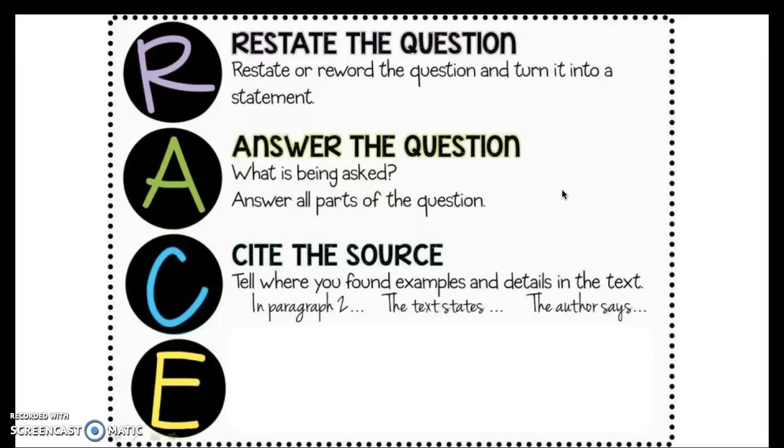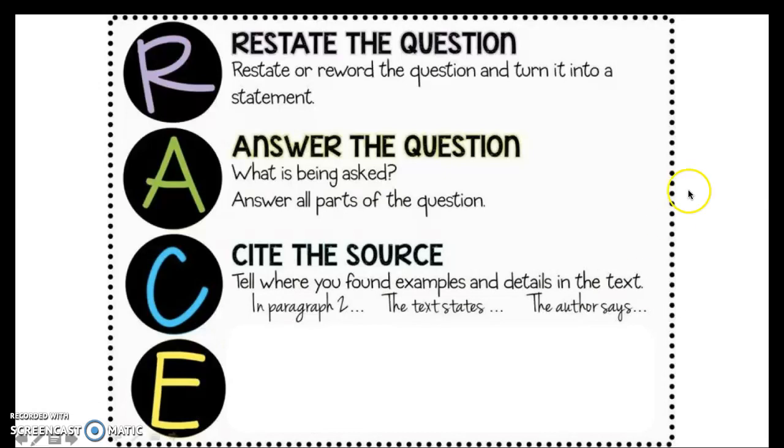So C, cite the source. Tell where you found the examples and details in the text. So you would say things like in paragraph 2 or in chapter 14, or the text states, or the author says. This is where you're introducing your evidence.